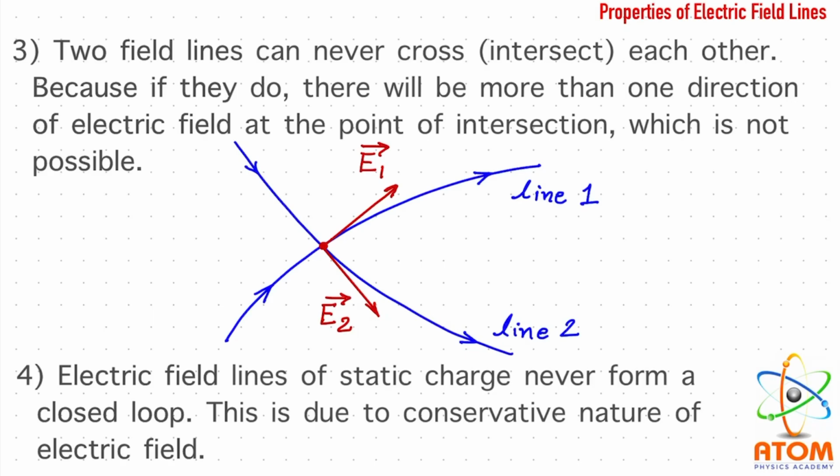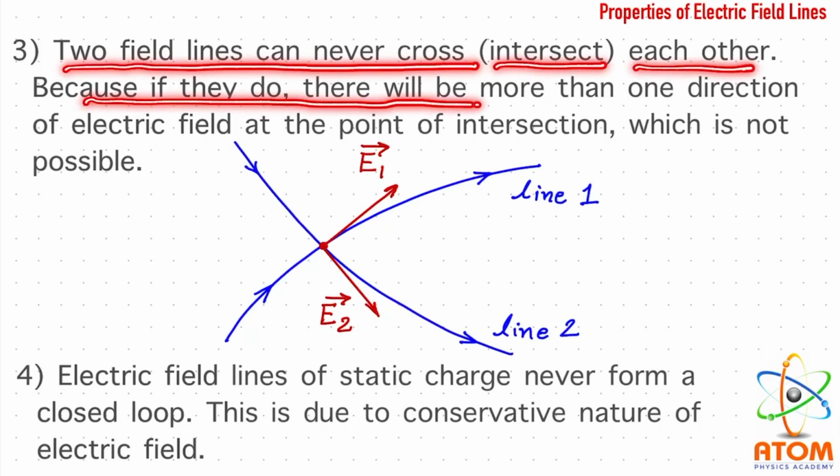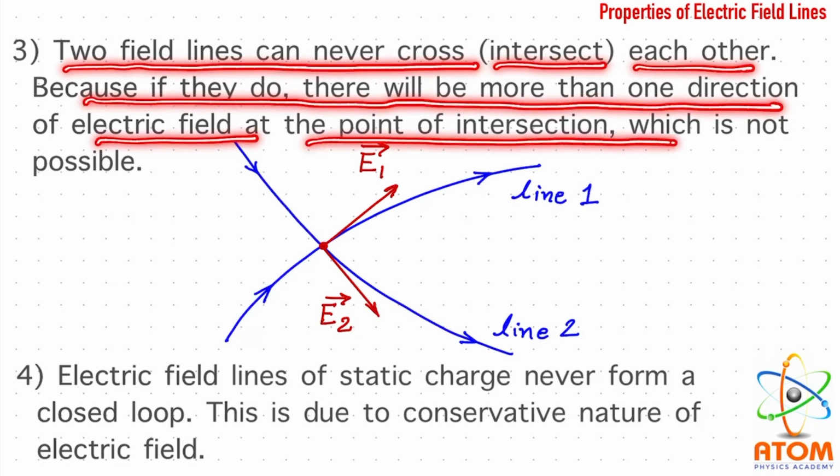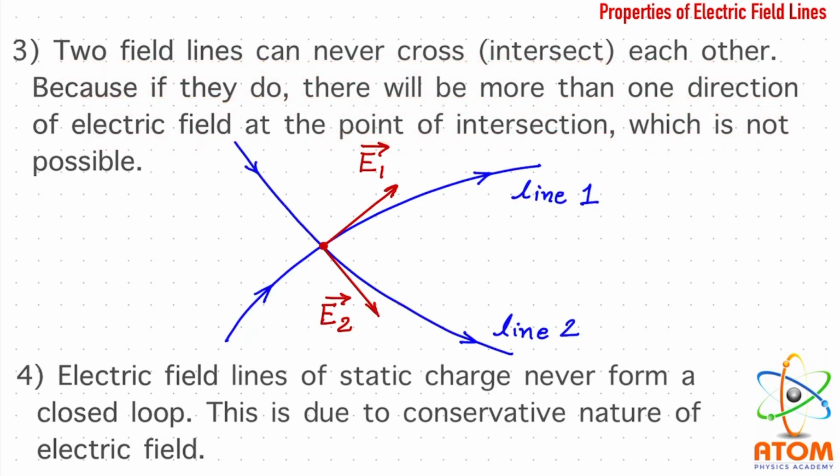Third is, two field lines can never cross or intersect each other, because if they do, there will be more than one direction of electric field at the particular point of intersection, which is not possible. Here I have drawn two electric field lines, line 1 and line 2.